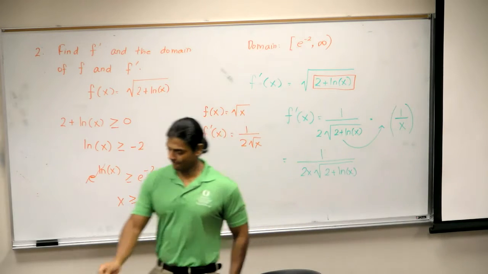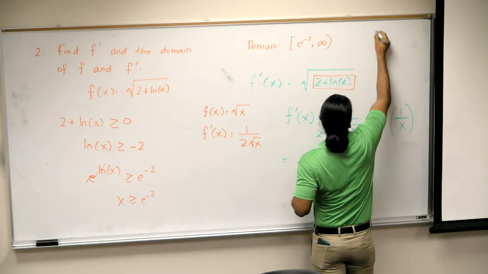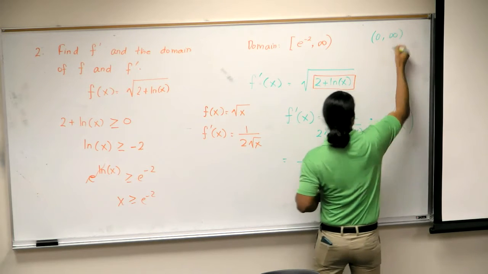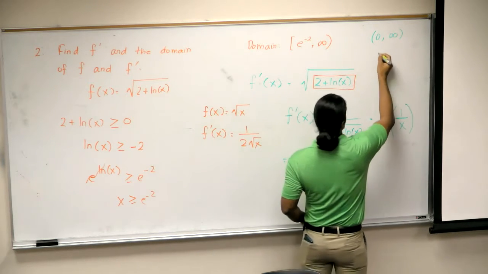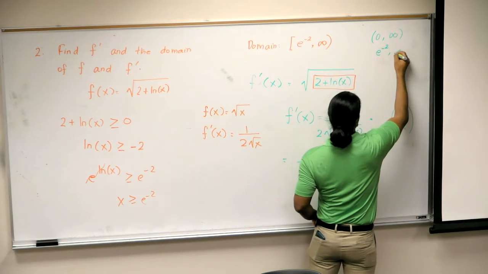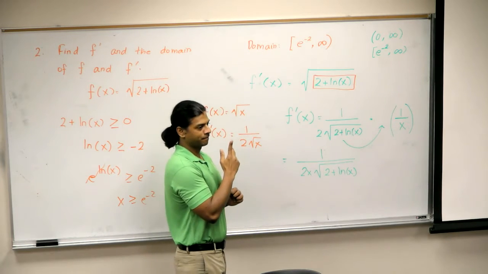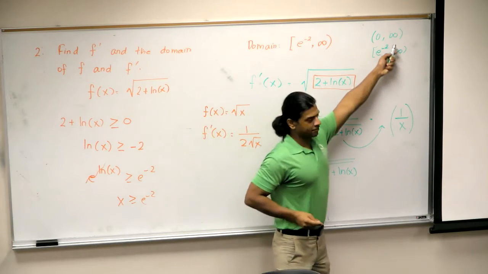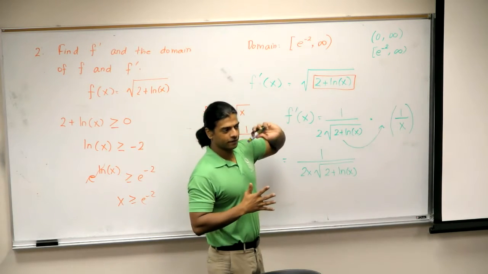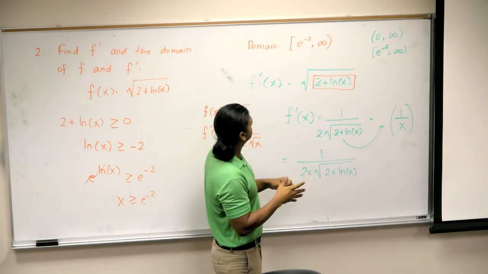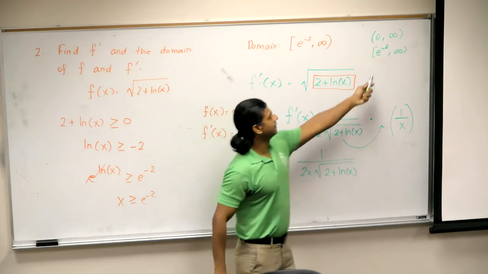So x will only exist from 0 to infinity. This part will exist for e raised to negative 2 up to infinity. We've got to find the overlapping part. What is the overlapping part?